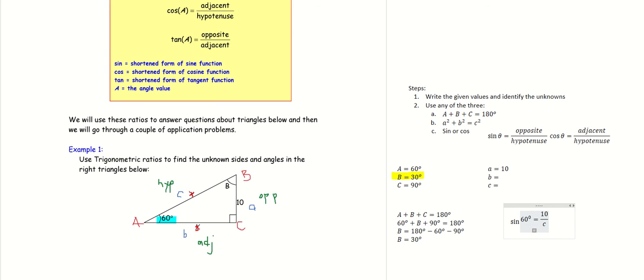Of course, you've had algebra before. So, if you've had algebra before, you know that we can just cross multiply. So, you'll have C times sine 60 is equal to 10. And then, dividing both sides by sine 60, you have C is equal to 10 divided by sine 60.